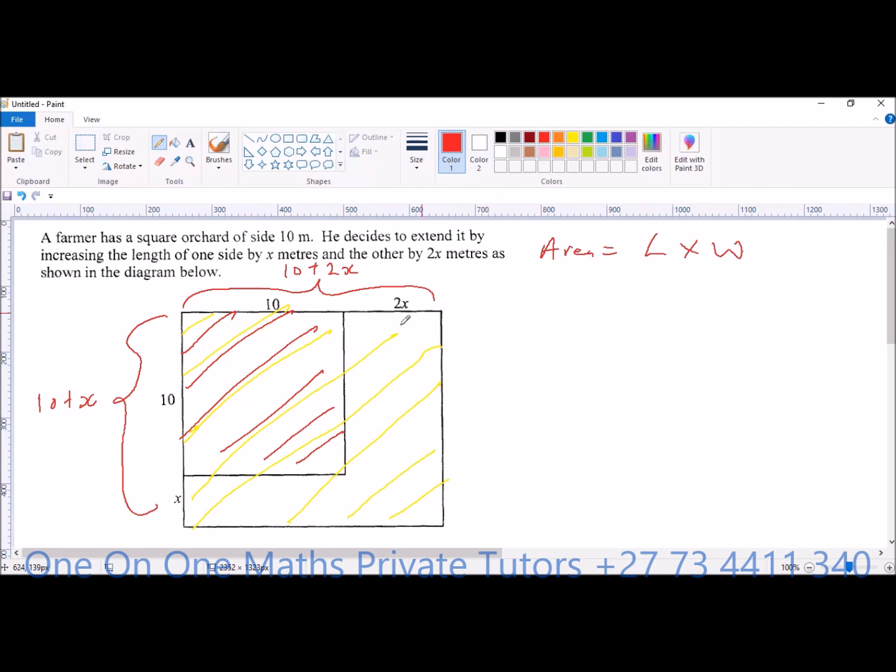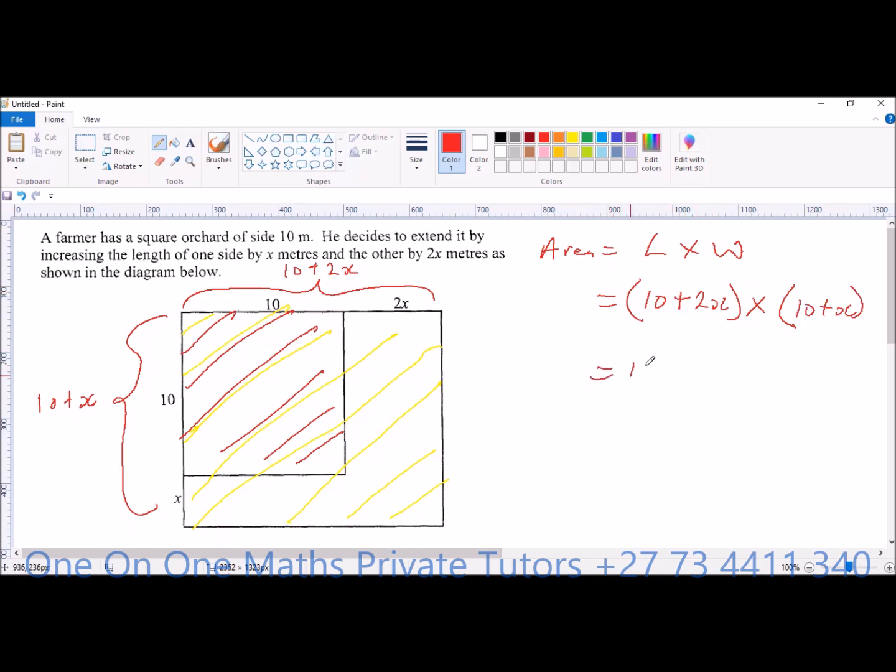So our area of the extended orchard is 10 plus 2x, which is our length here, times our length here, 10 plus x.